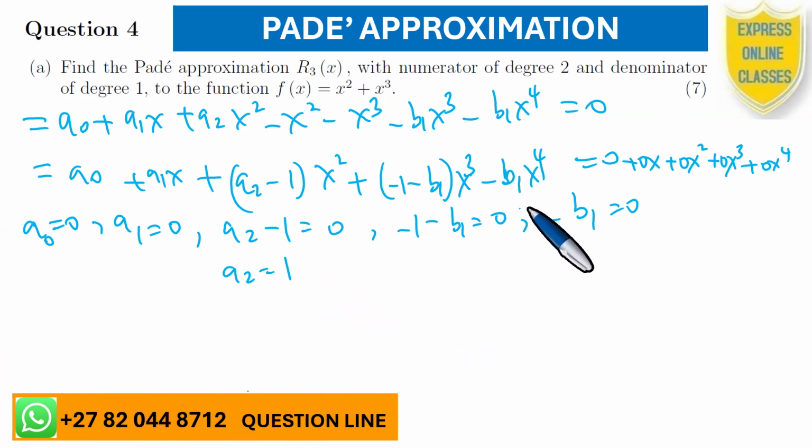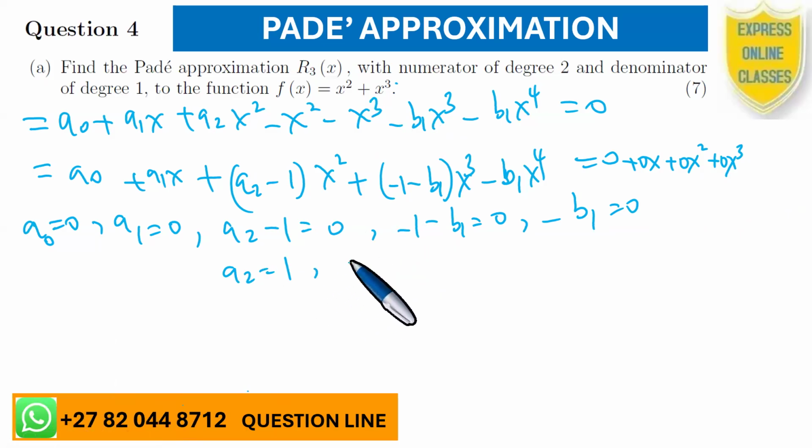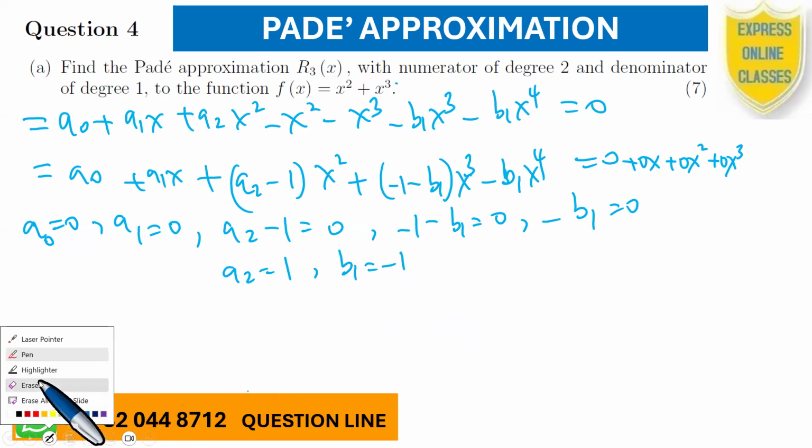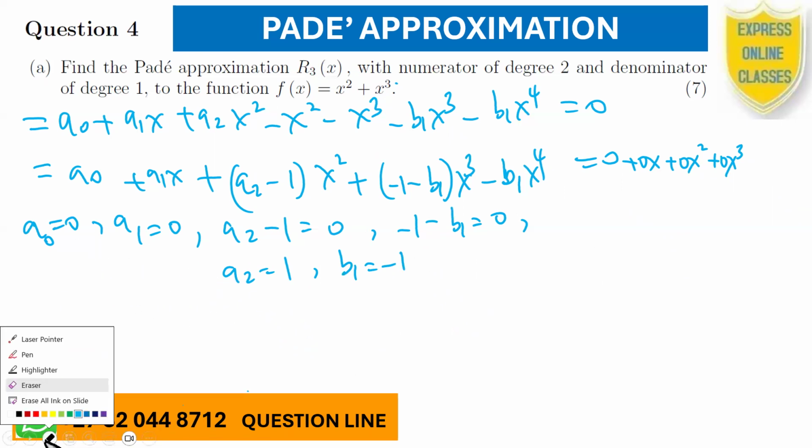Right, so you can just stop. Because this f stops at x cubed, you can just stop at x cubed and remove this one. The highest degree is x cubed. So which means, therefore, that b1 is minus 1. So this x to the 4th term you can just remove. So b1 is minus 1, a2 is 1, a1 is 0, and a0 is 0.